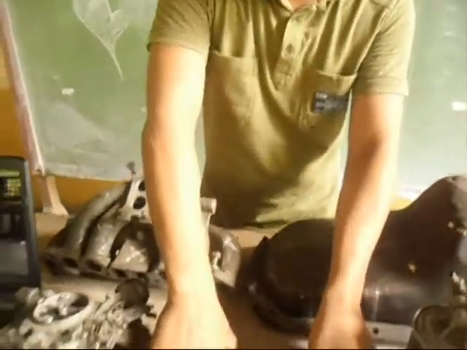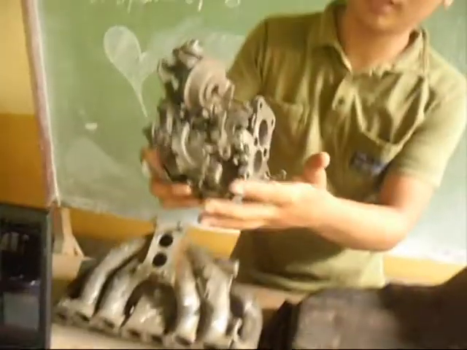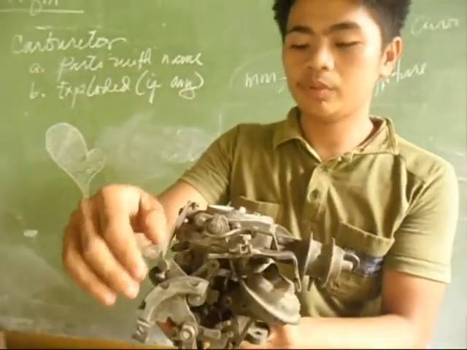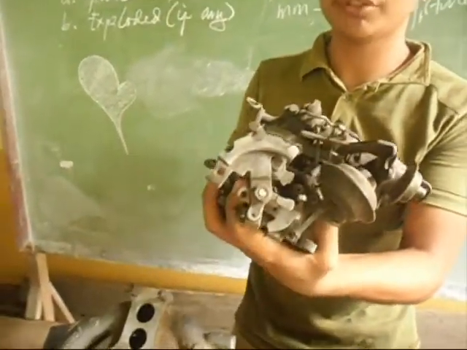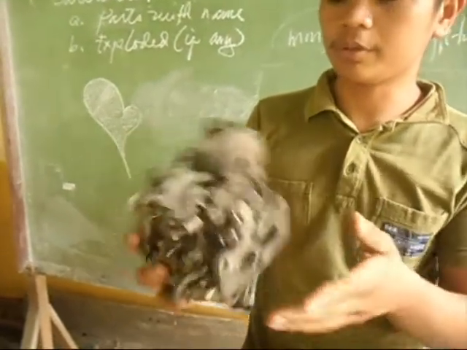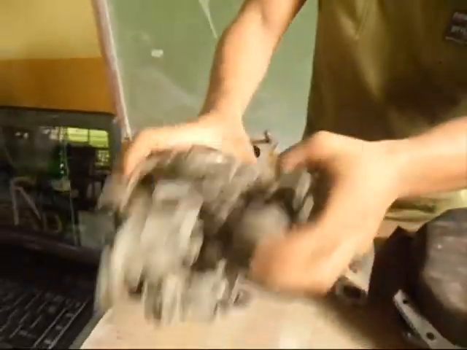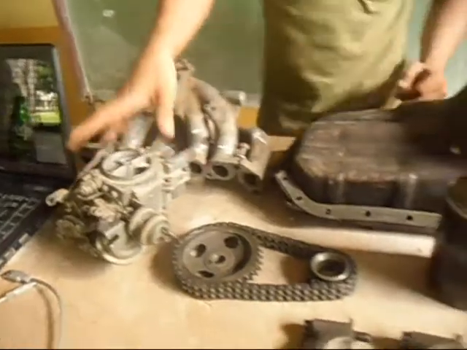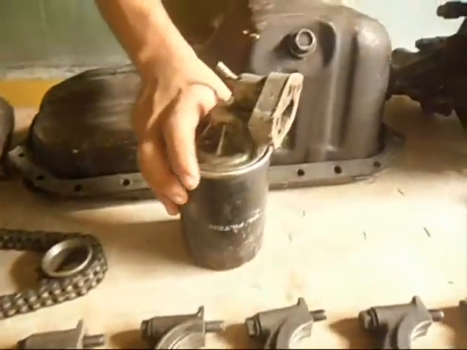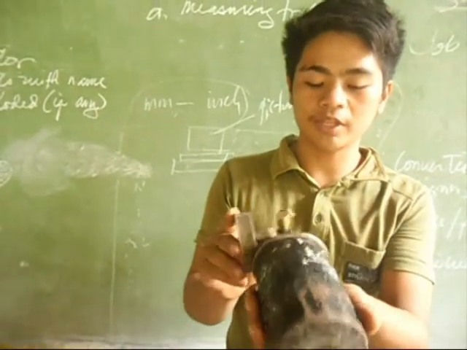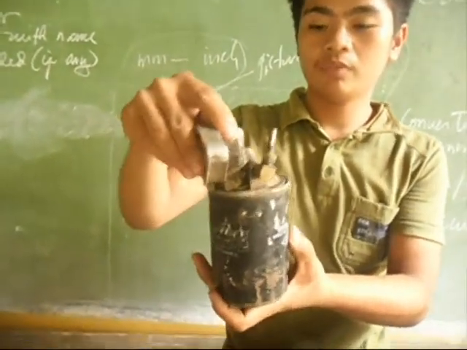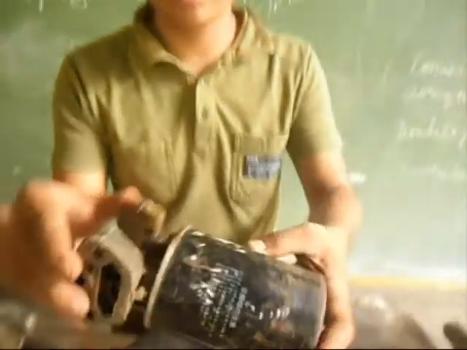Then we have the conventional carburetor, and this is the oil filter. Its function is to filter the oil.